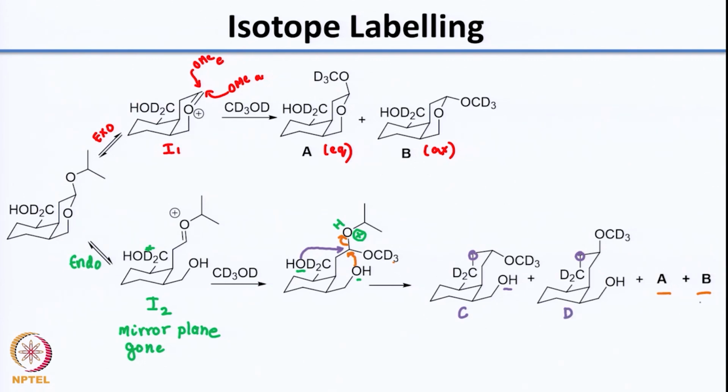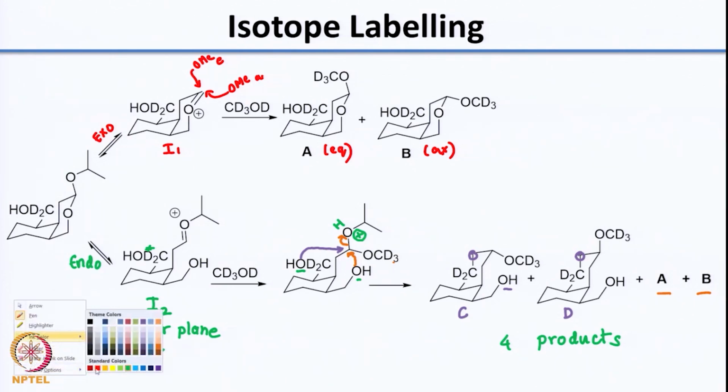and these two products can be distinguished from A and B because you have this label of deuterium. In the earlier cases, C and D and A and B were identical because all of them were hydrogen, but in this case, because you have the deuterium labeling, you have C and D which are different from A and B. So, the endocyclic pathway gives you 4 products, whereas the exocyclic pathway gives you only 2 products.